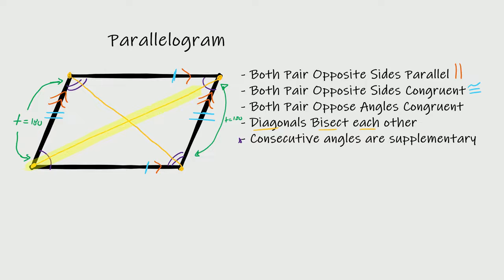If this diagonal bisects the one going through it, that means this side here is being bisected and it's equal to that side there. Now we flip the order. If we go the opposite way, then this diagonal is being bisected, and so these two sides are congruent to each other. That's what it means for the diagonals to bisect each other.